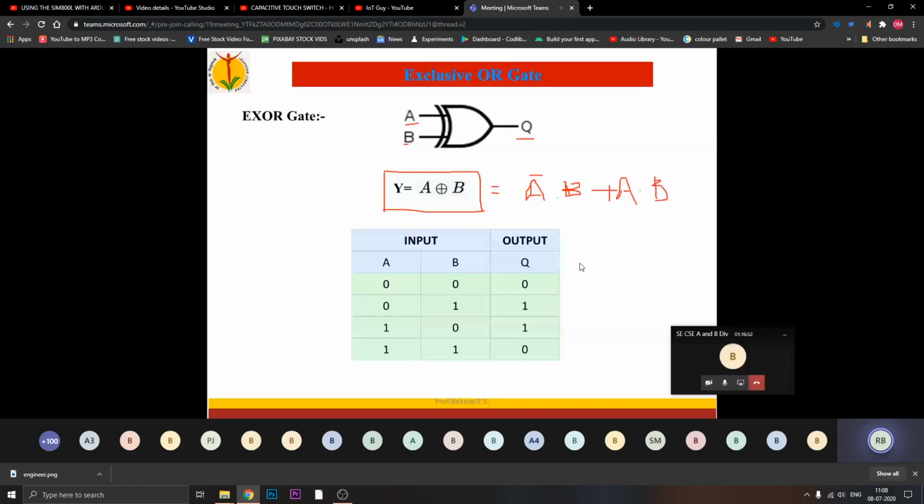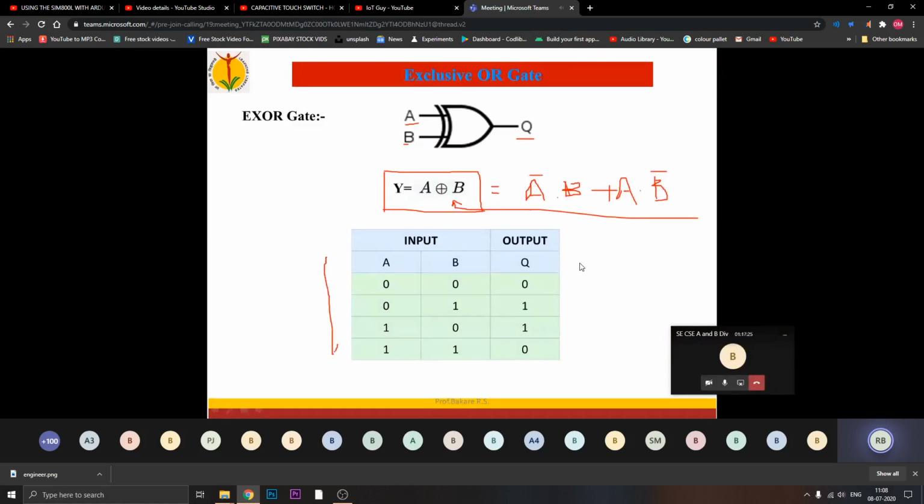I hope all of you have written this equation. Y equal to A complement into B plus A into B complement. This equation I have represented in symbolic form, that is A XOR with B.